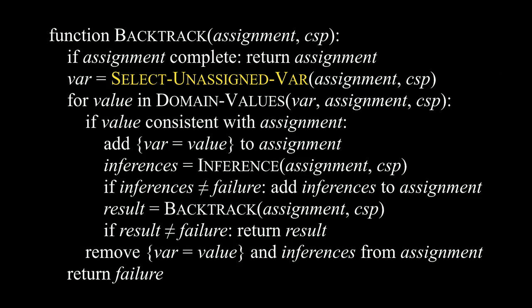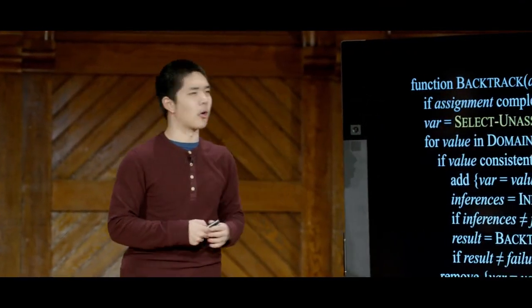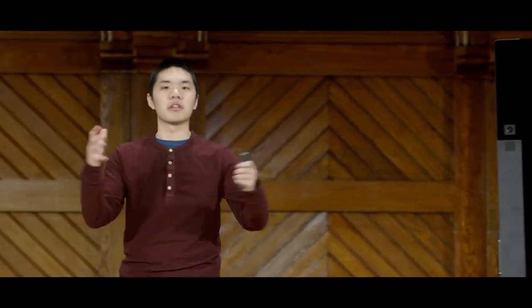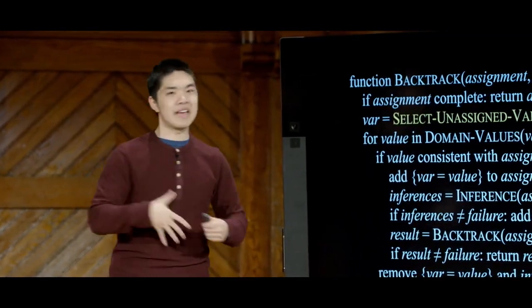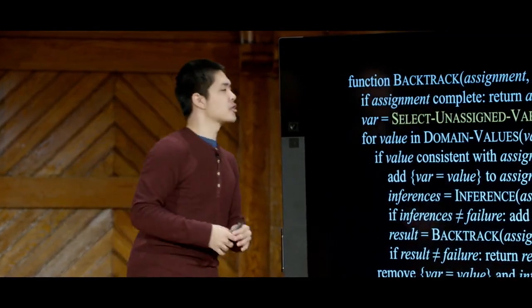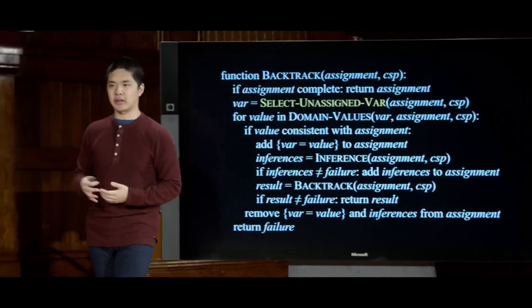So far, I've sort of just been selecting variables randomly, just picking one unassigned variable in order to decide, all right, this is the variable that we're going to assign next, and then going from there. But it turns out that by being a little bit intelligent, by following certain heuristics, we might be able to make the search process much more efficient just by choosing very carefully which variable we should explore next.